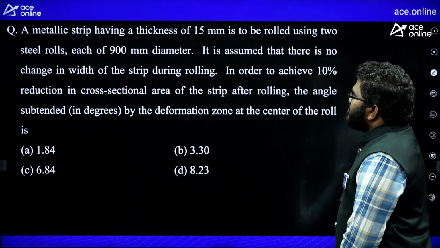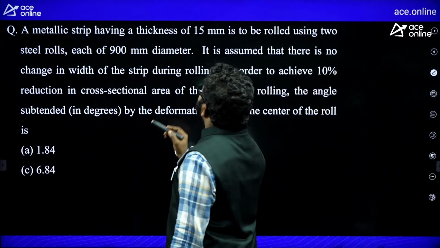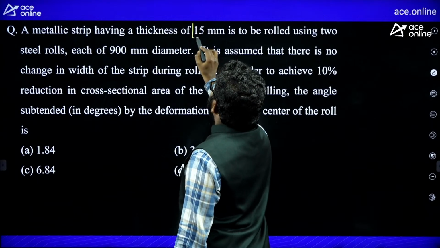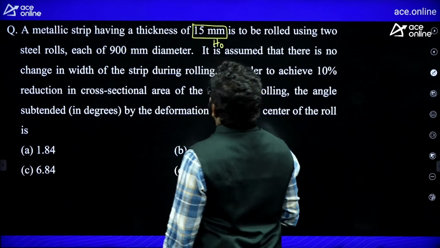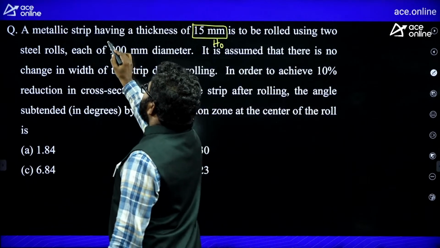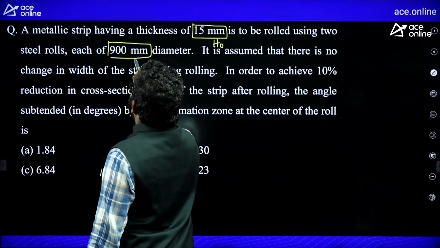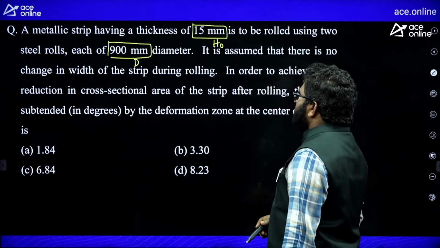Now see here, another question. A metallic strip having an initial thickness of 15 mm is to be rolled using two steel rolls of each 900 mm diameter. It is assumed that there is no change in the width of the strip.